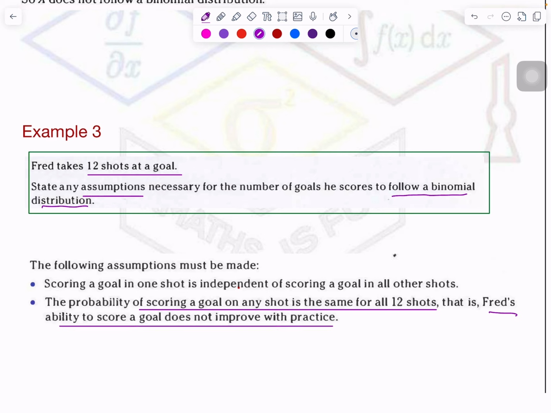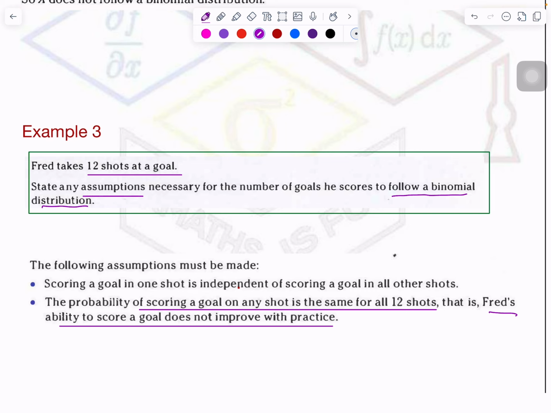Now this is the point where the same question can be asked in a way that though binomial distribution is being applied, why is it not a suitable model? Then in that case you have to answer the same question by saying that, being a human factor, when Fred scores a goal, his confidence level will build up, and the probability that he will score the next goal is better, or with practice he will improve.